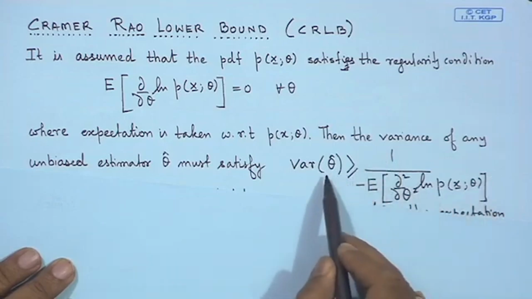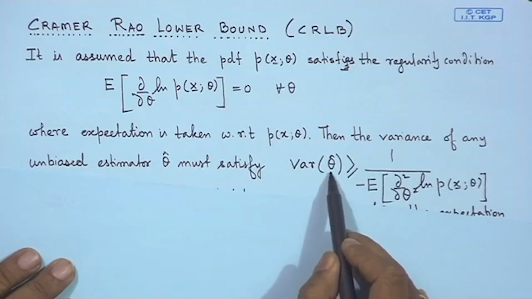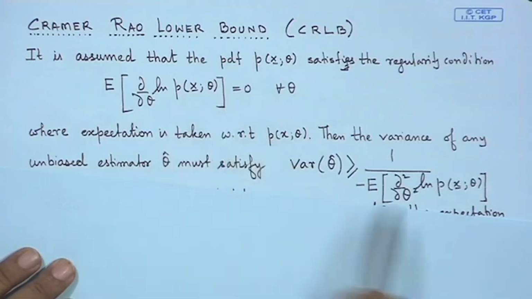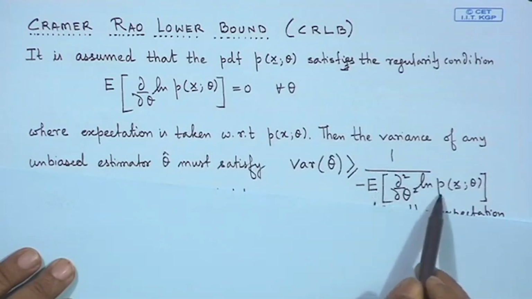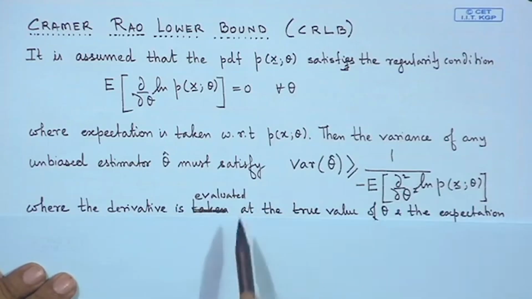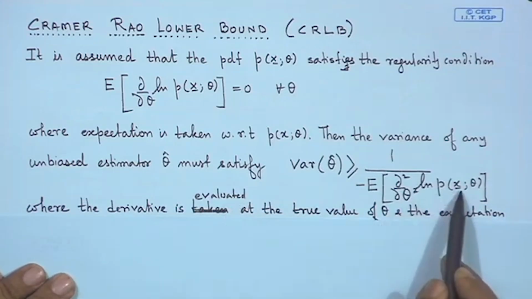That means the lower bound of an unbiased estimator is given by the Cramer-Rao lower bound through this expression, where E is the expectation computed using p of x, theta, and the derivative is evaluated at the true value of theta.